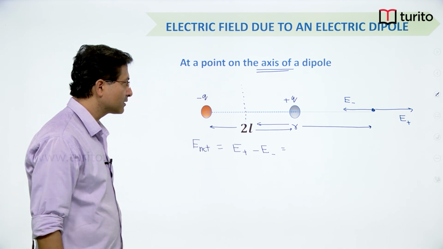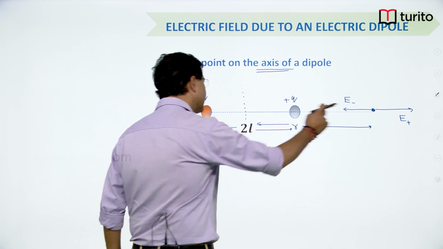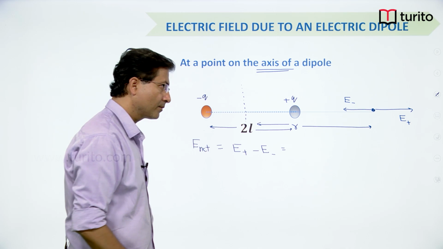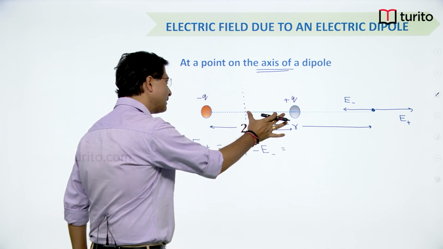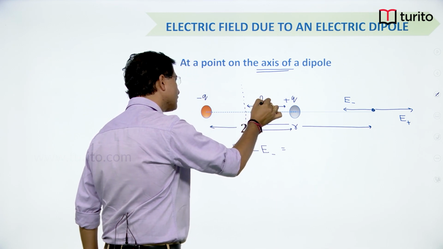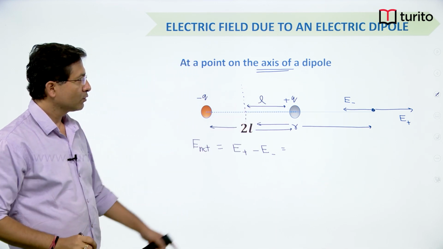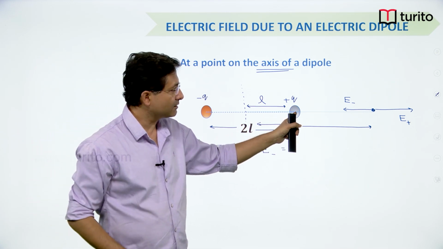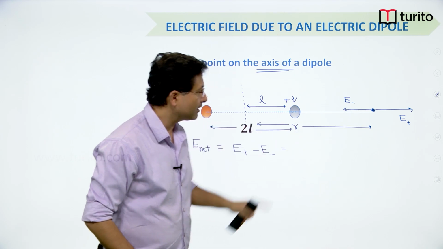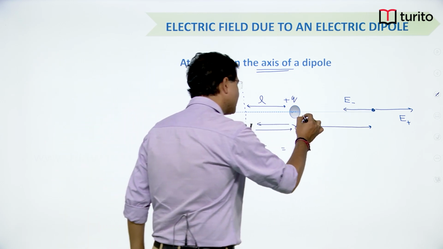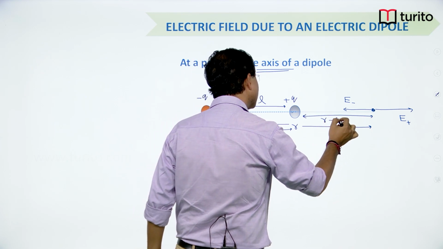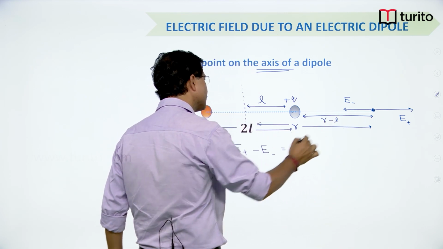Field produced by the positive charge. What is the separation? From here to here the distance is r, and this total distance is 2l, so half of that distance will be l. From the positive charge, this distance will be r minus l.